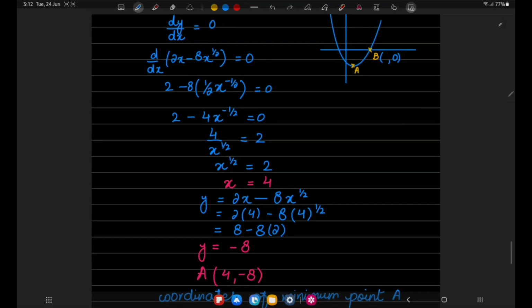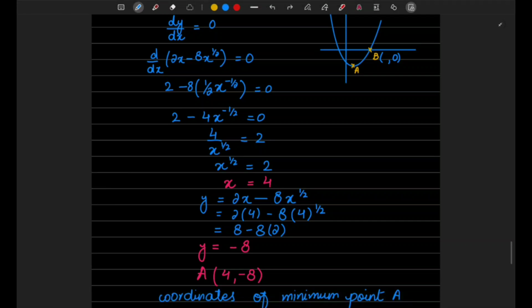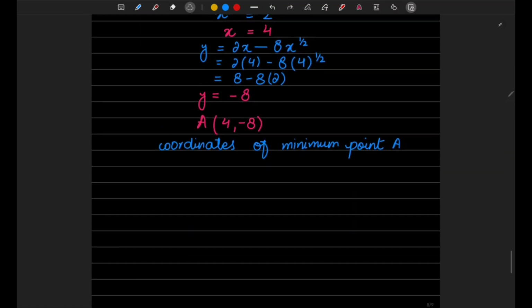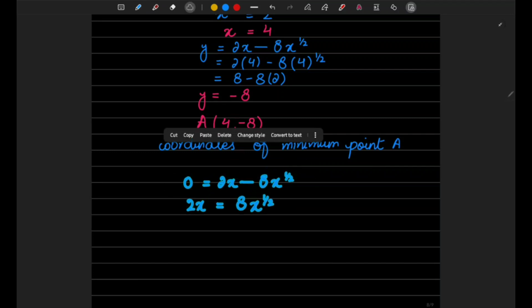So putting y equals 0 here, it will give you 2x equals 8x to the power half.